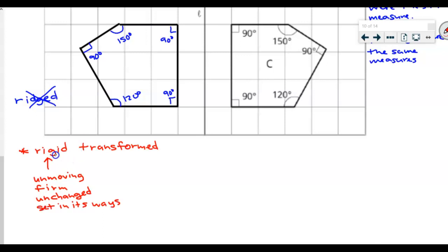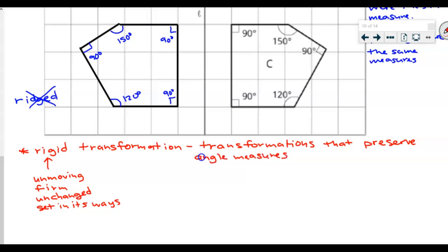So understanding the meaning of that word rigid, when I think of a rigid transformation, what that means is they are transformations that preserve, that means stay the same, angle measures and side lengths.